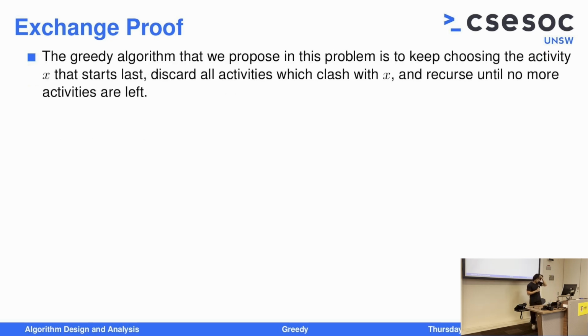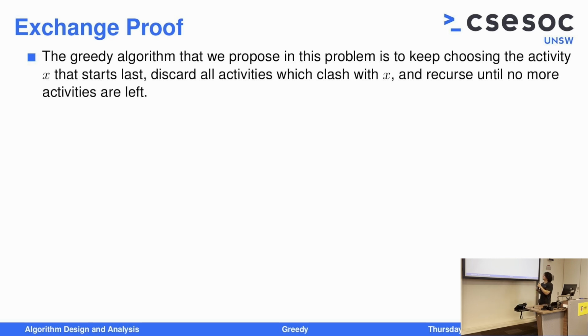The greedy algorithm that I'm going to propose for this problem is to keep choosing the activity that starts last. You may have also seen it as keep choosing the activity that finishes earliest. These are actually the same. You can think of it as time running backwards.